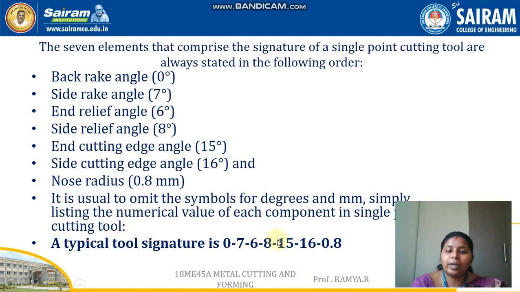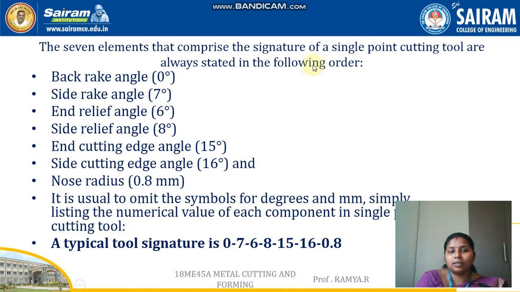So if a typical tool signature is given like 0, 7, 6, 8, 15, 16, 8, it means back rake angle, side rake angle, end relief angle, side relief angle, end cutting edge angle, side cutting edge angle and nose radius.